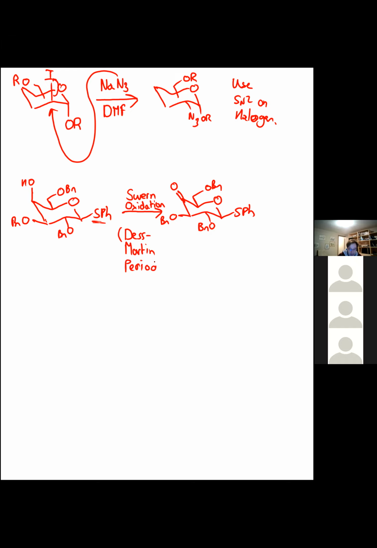I just think there is also periodinate. These are reactions that you should be familiar with, or the existence thereof, even if you don't have the mechanism at your fingertips. These are very selective oxidations of alcohol up to the ketone or aldehyde oxidation state without over-oxidation. Anyways, so we have this guy.